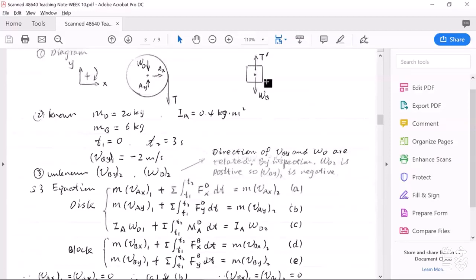VBY1, the initial velocity of this block, is -2 meters per second.